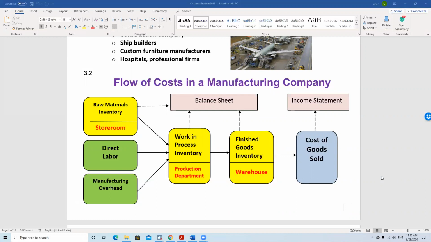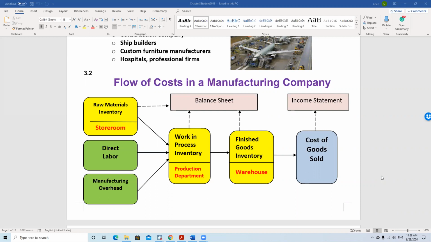Do you remember the three kinds of companies? They are service companies, merchandising, and manufacturing, right? Service companies don't have inventory. They just sell services. And merchandising companies only have one kind of inventory. They don't produce anything, they buy stuff, and then they sell the same stuff to customers, like retailers.